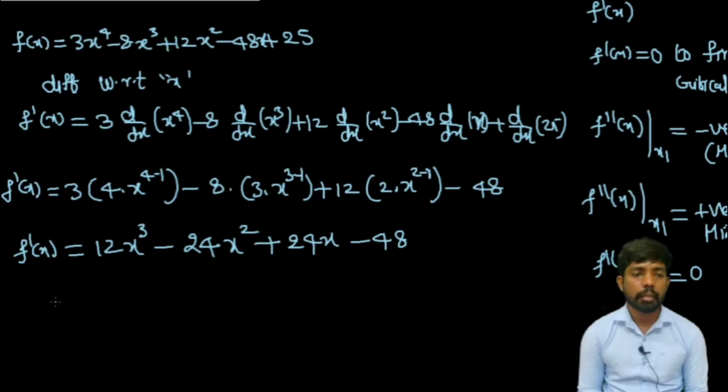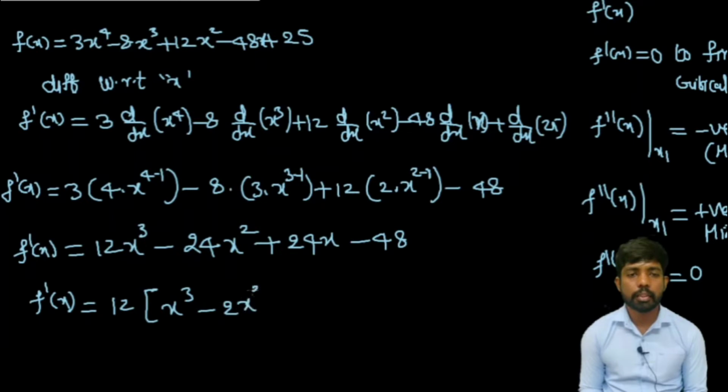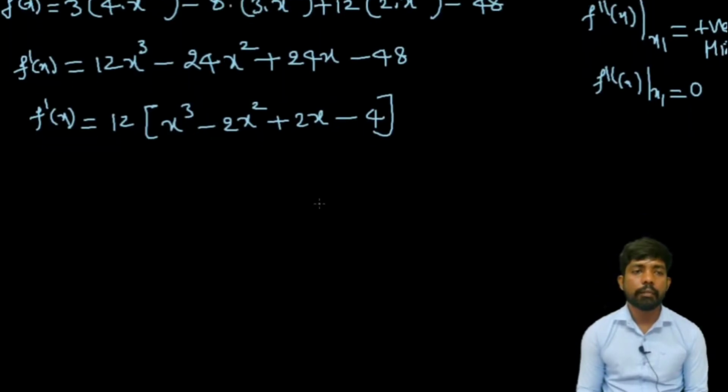Okay, now here I am taking common 12. f dash of x is equals to 12 times x cube minus 12 2s are 24, so 2x square, plus 12 2s are 24, so 2x, minus 12 4s are 48, so 4.